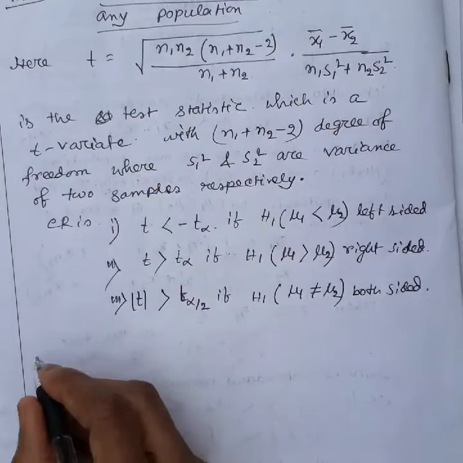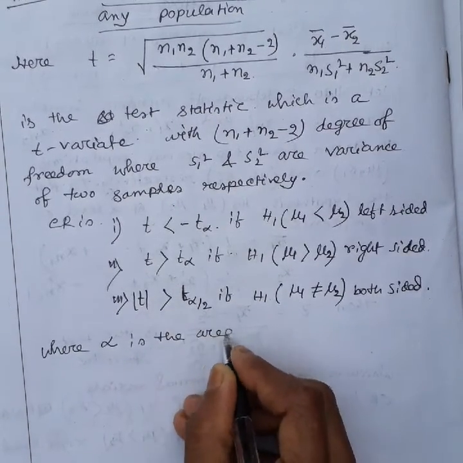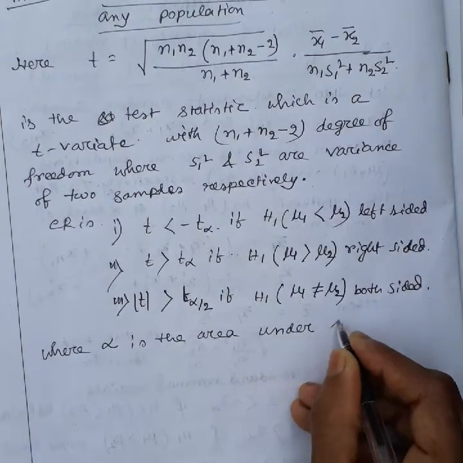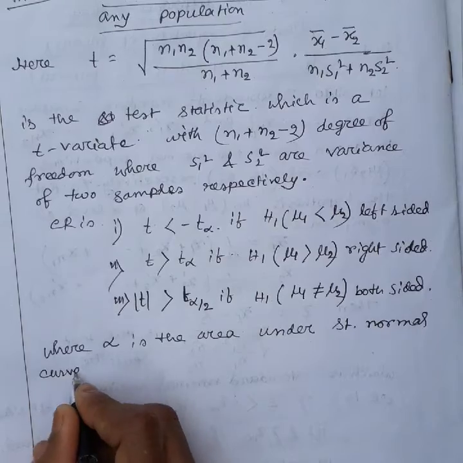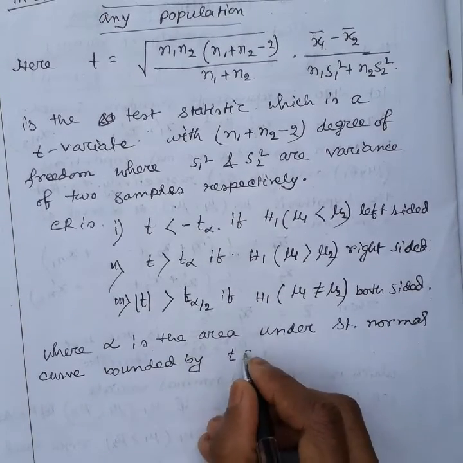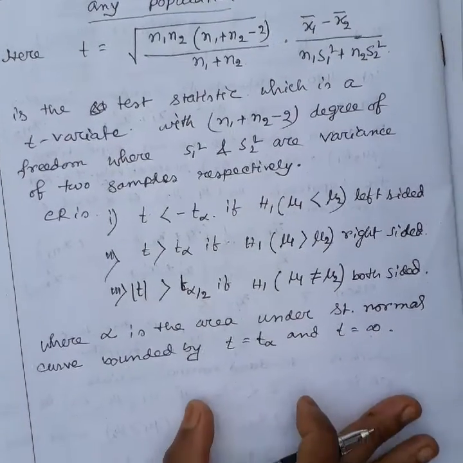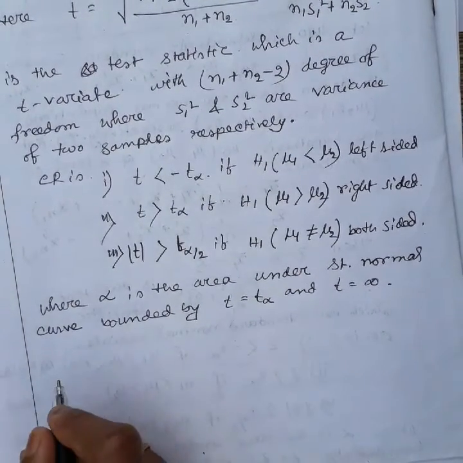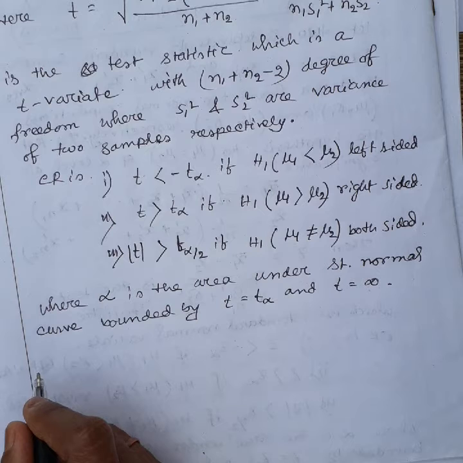Here alpha is the area under the curve bounded by t equals t alpha and t equals infinity. So these are the two tests: one is for when the population is normal, and the other is when the population is not normal.